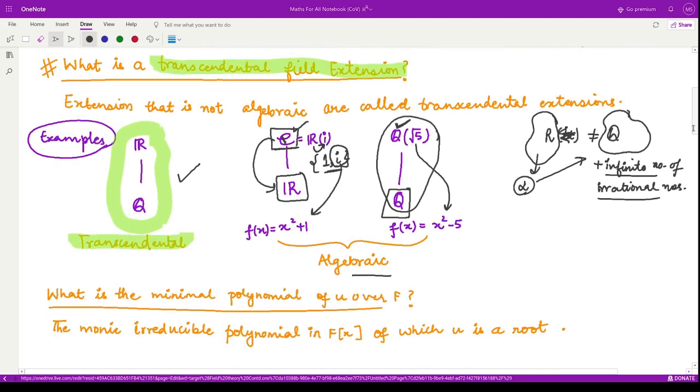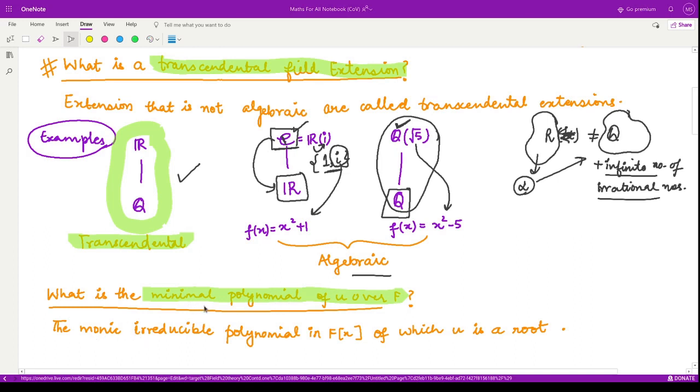There's also a definition for the minimal polynomial of any element u over F, and if you remember, we have also used this result in the previous video. So let us see a formal definition for this minimal polynomial.